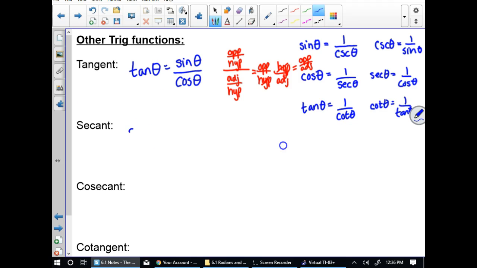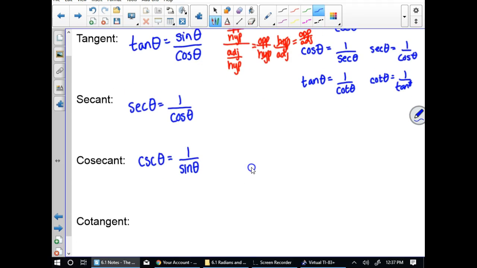Secant of theta we already had is 1 over cosine of theta. Cosecant of theta is 1 over sine of theta. So you can see here everything's in terms of sine and cosine. There's no tangents involved. Cotangent, what do you guys think cotangent is going to be?